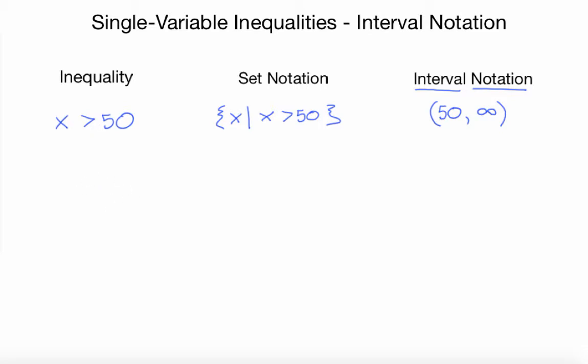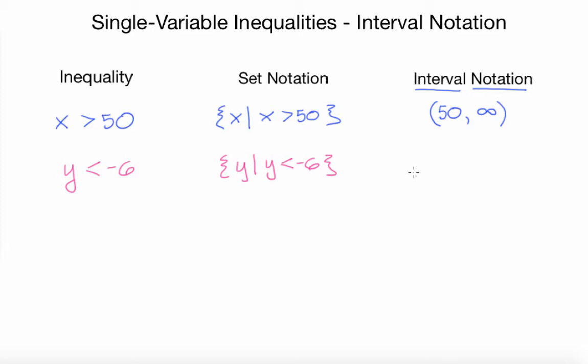Let's look at another one. Let's do all the values for y that are less than -6. Again, there's an infinite number of solutions: -7, -10, -45, -67.8. It just has to be less than -6. In set notation, I define it as y such that y is less than -6.